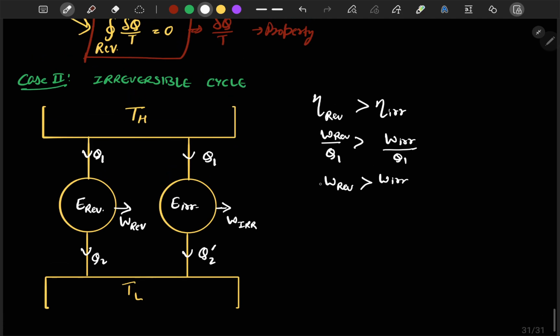Now using this relation and the first law of thermodynamics, in both cases we get that Q2 dash is greater than Q2. It means that heat rejected in the irreversible process is more than heat rejected in the reversible process.